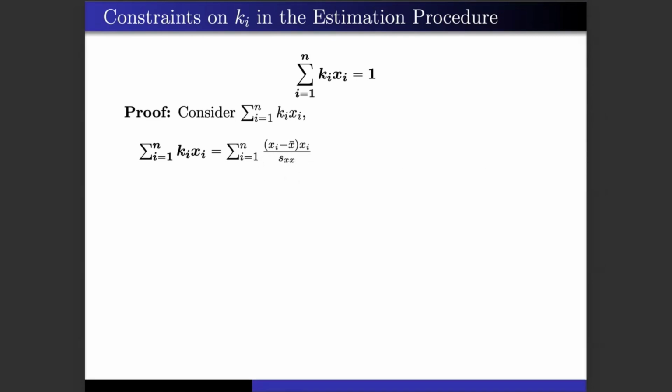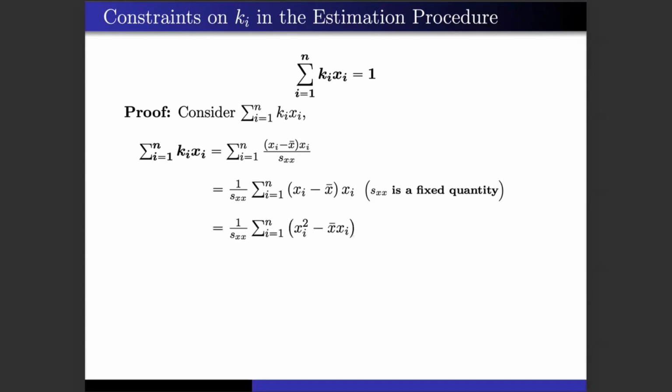The next thing we do is use the same logic that sxx is a fixed quantity, and since it is a fixed quantity, we can pull it out of the summation sign. Doing this, we get the second line, that is 1 divided by sxx times summation of xi minus x bar times xi.